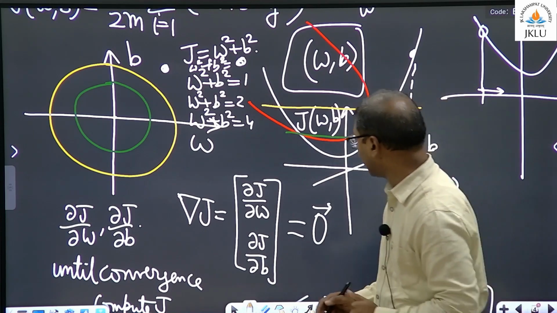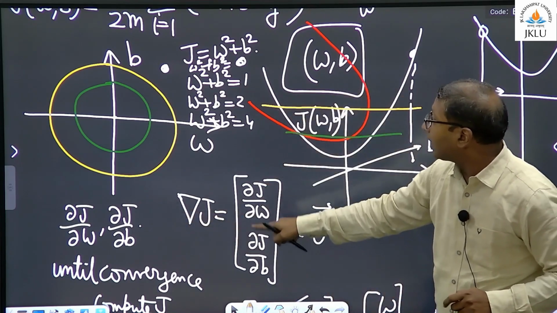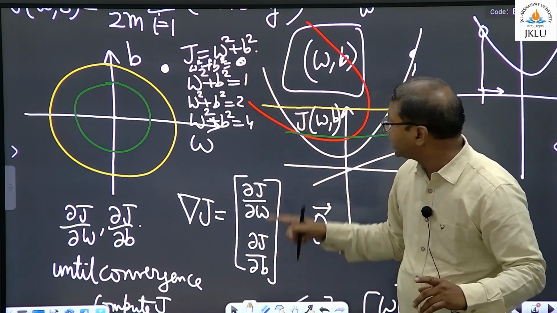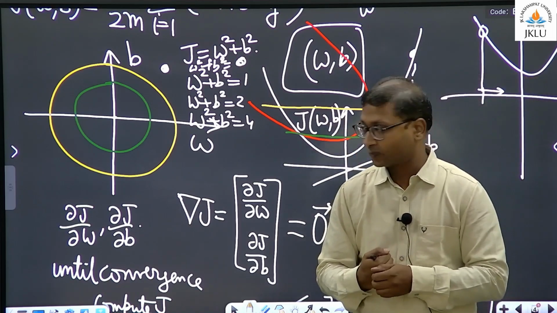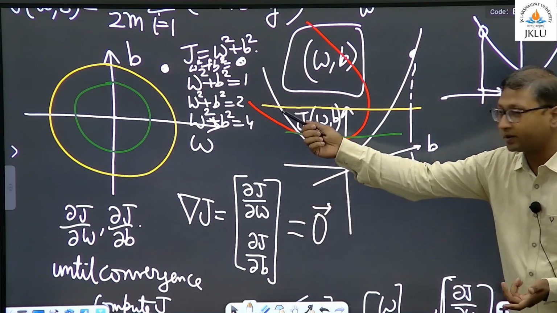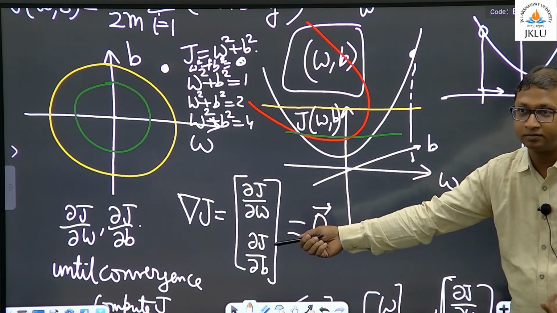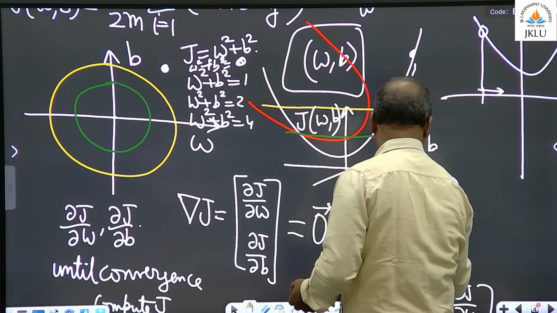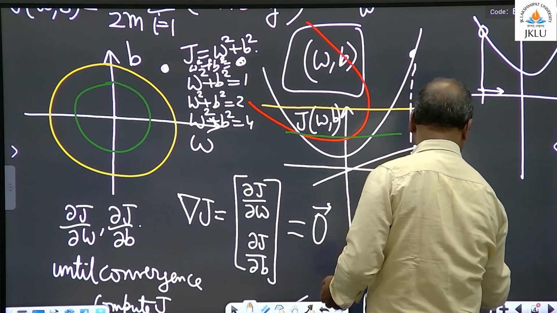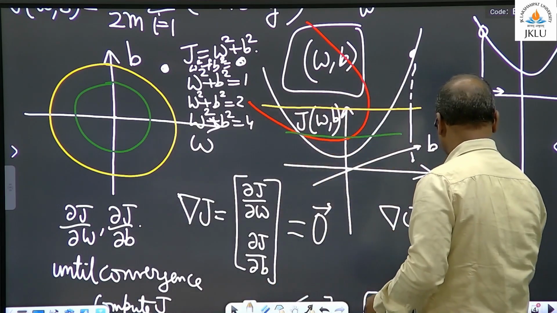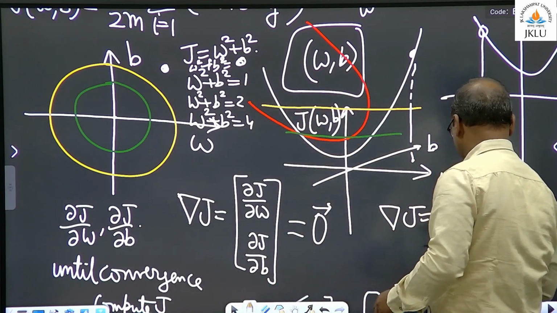Yes. Alright. Now tell me, this is my J, how do I compute grad J? What will be my grad J? Grad J in this case will be 2w and 2b.